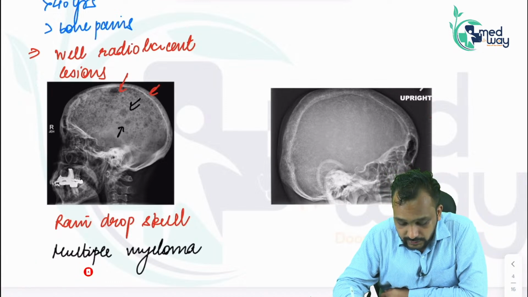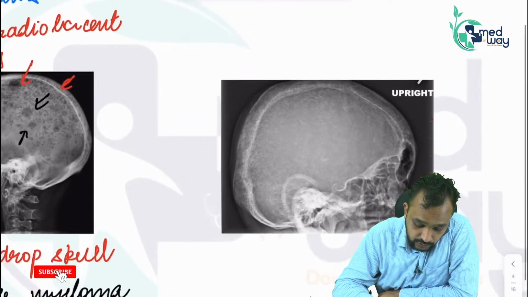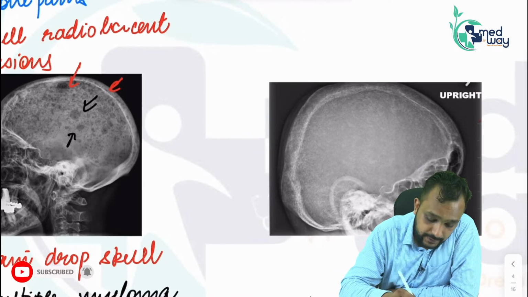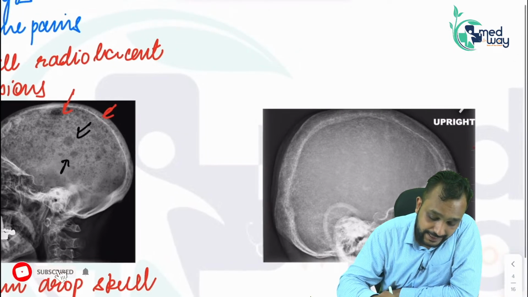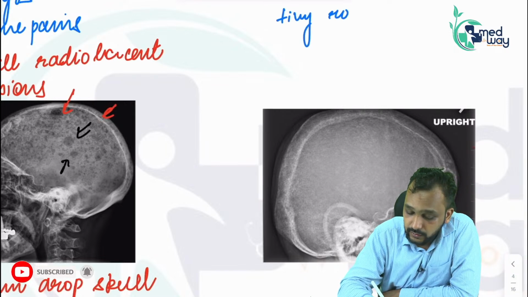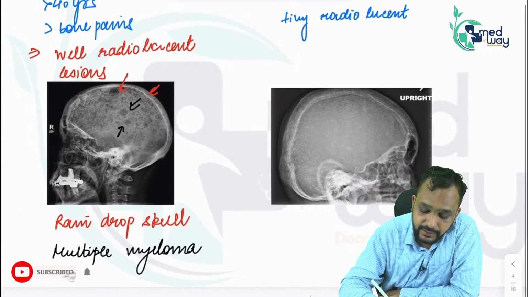Now coming on to the second image. The second image also appears very similar to the first image, but here you will see that these are tiny radiolucent lesions, of uniform sizes.